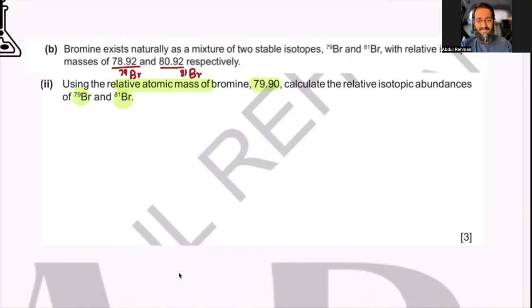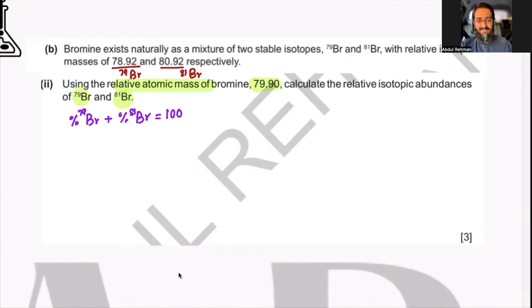Okay, good. So the other way: what we know is that in the sample, the percentage of bromine 79 and the percentage of bromine 81 sum to what? 100, right?